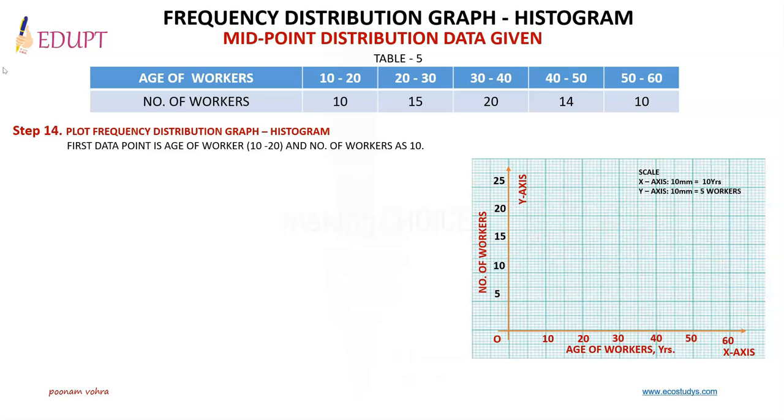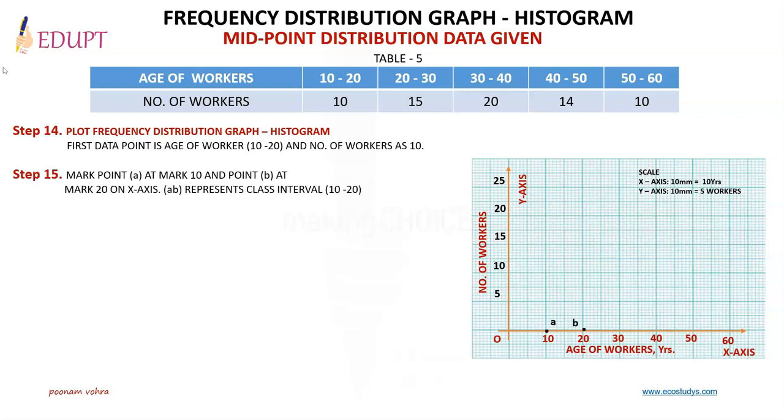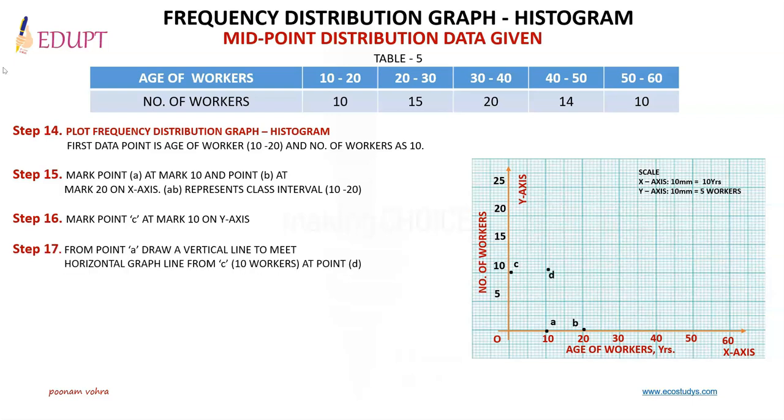Then plot frequency distribution graph, histogram. First data point is age of the workers, that is 10 to 20. Number of workers 10. So one can mark point A at mark 10 and point B at mark 20 on x-axis, shown as AB. Then mark point C at mark 10 on y-axis.